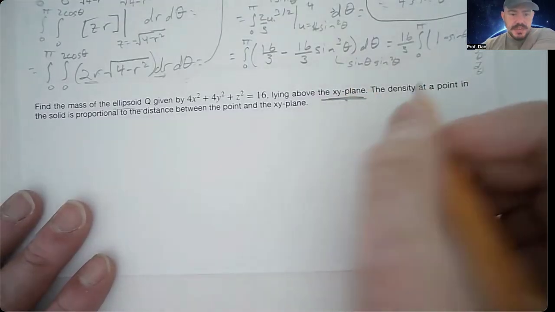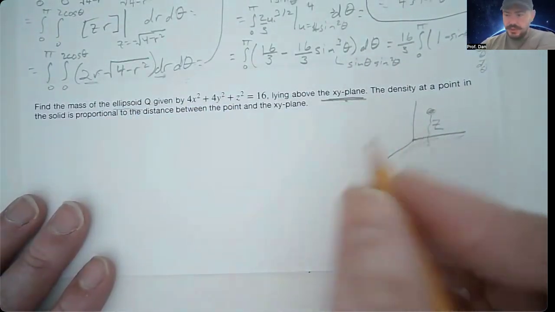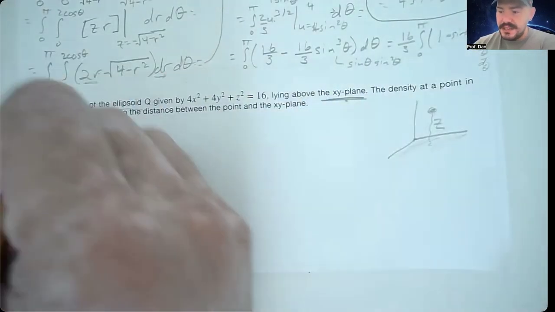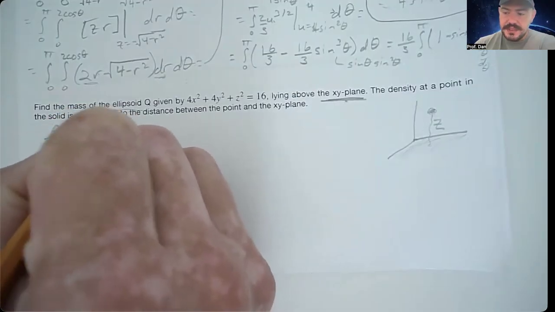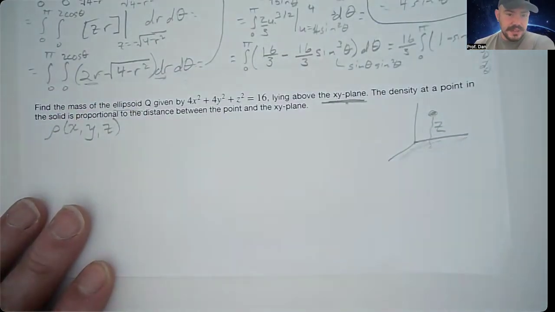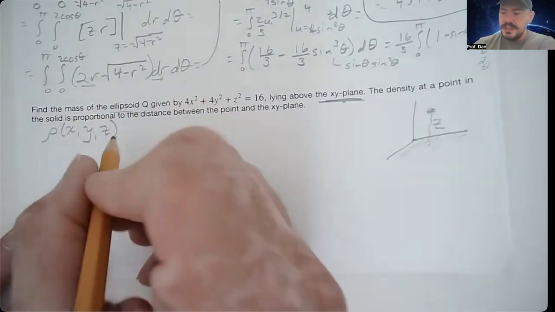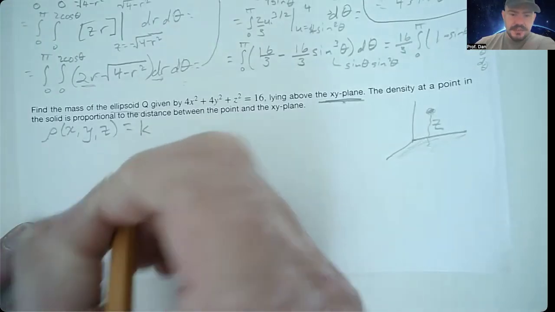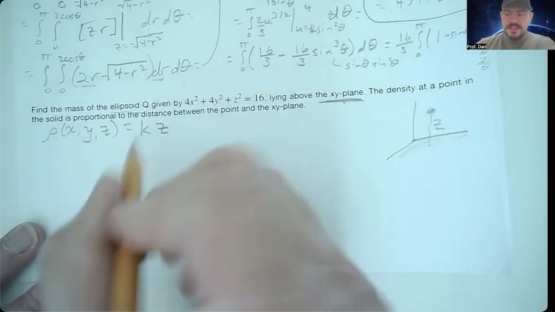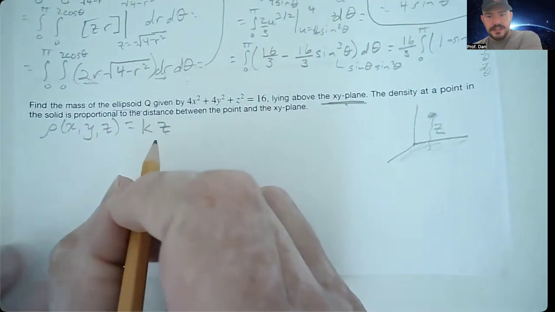So if the density is proportional to the Z coordinate, another way of writing that is that rho of XYZ, and this is in cylindrical, not in spherical, so we're not going to worry about the weird distinction there, is equal to some constant that we're going to call K times Z, the distance between the point and the XY plane. So that's our density.